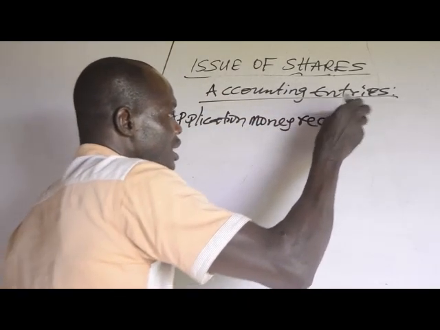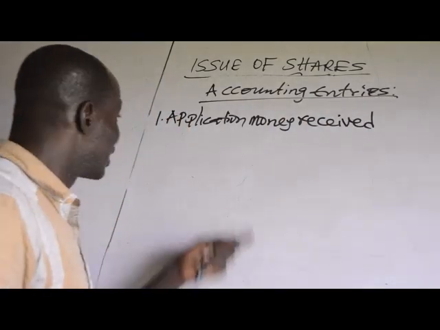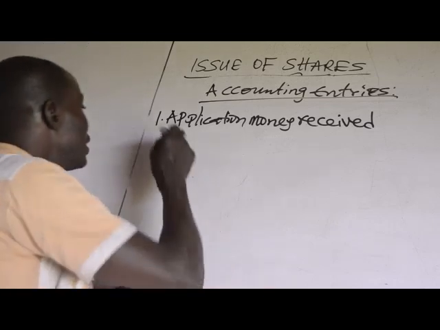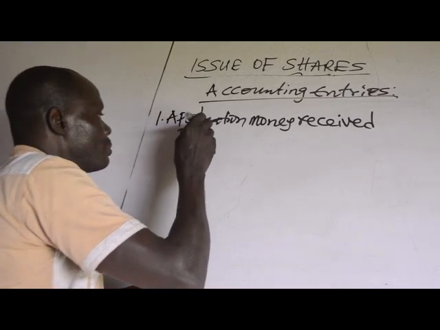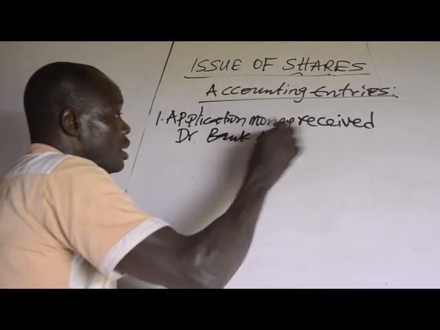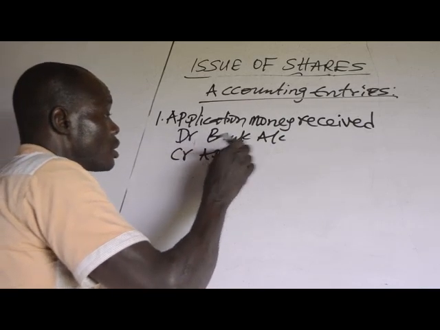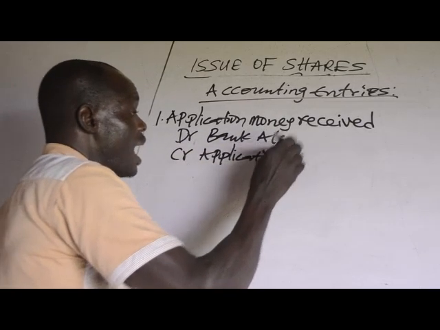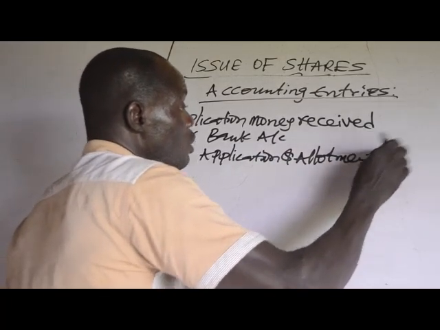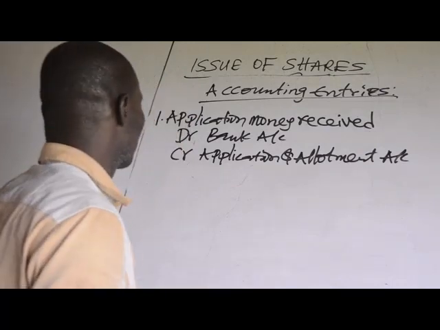That is, when the company receives money on application, the company is receiving the money through the bank account. That means bank is the receiver. In that case, debit bank account and credit application and allotment account with the amount received.